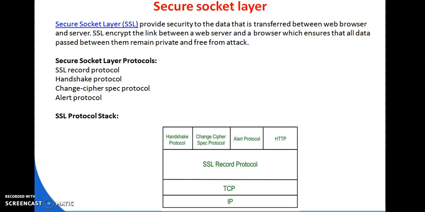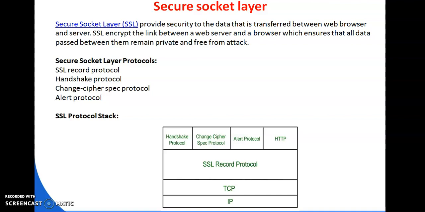Next is the Secure Socket Layer protocol. What is the Secure Socket Layer protocol? It has the following protocols: SSL record protocol, handshake protocol, change cipher spec protocol, and alert protocol.